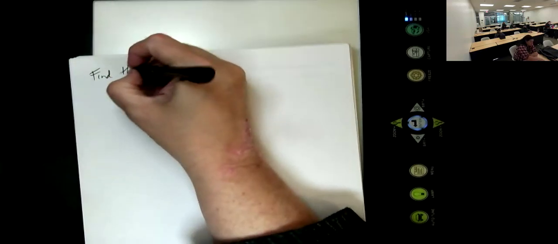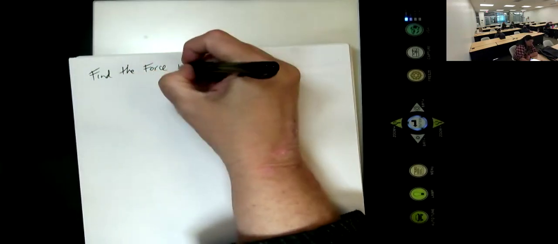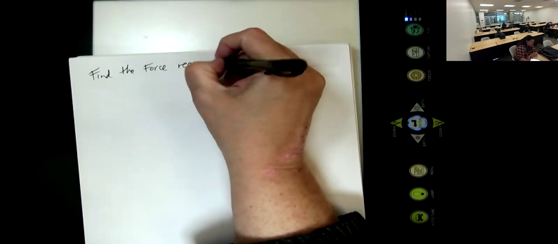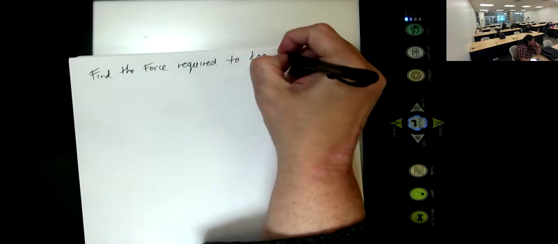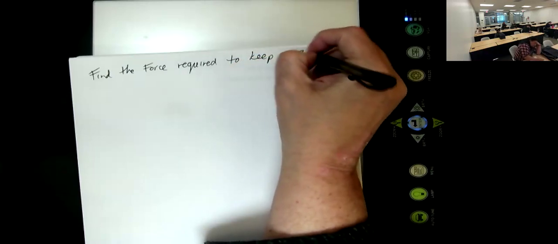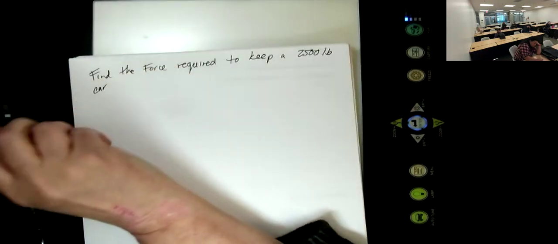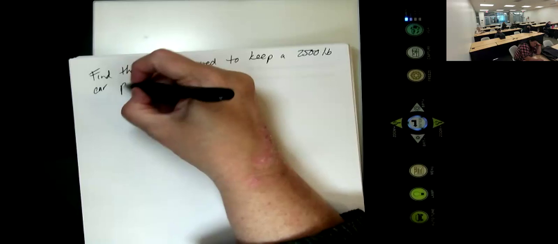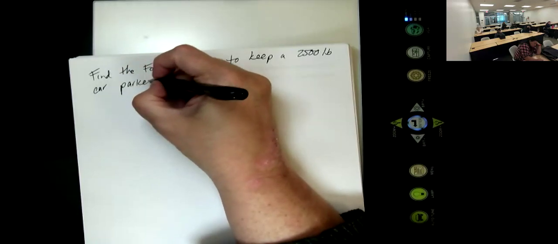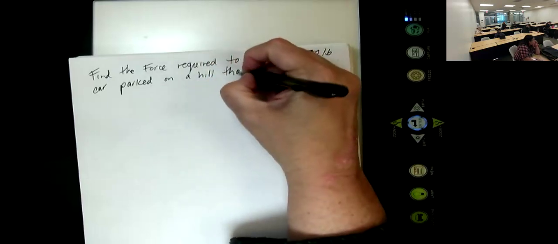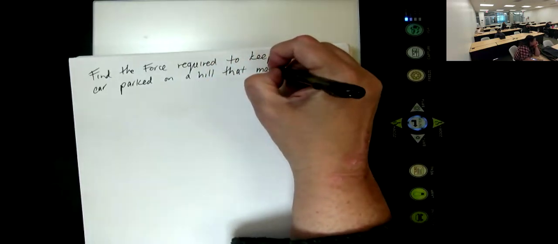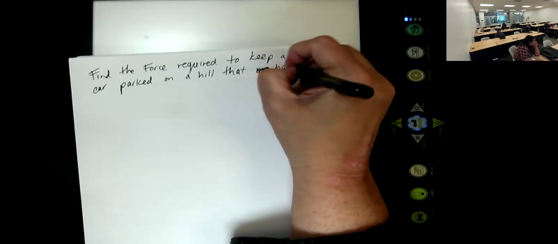So let's find the force required to keep a 2,500 pound car parked on a hill that has an incline of 12 degrees.